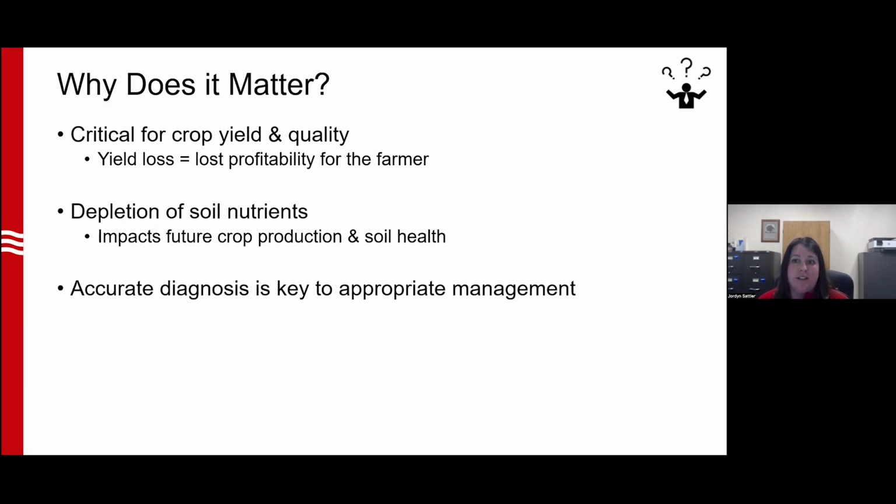Nutrient deficiencies can reduce crop yield by at least 25%, which directly reduces income for the farmer. If we don't see the symptoms and take corrective action, we're also going to continue depleting the soil and impact future crop yields. So it's really important that we accurately diagnose these problems so we can manage them effectively.